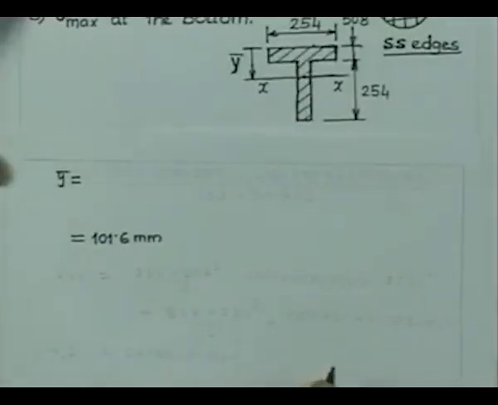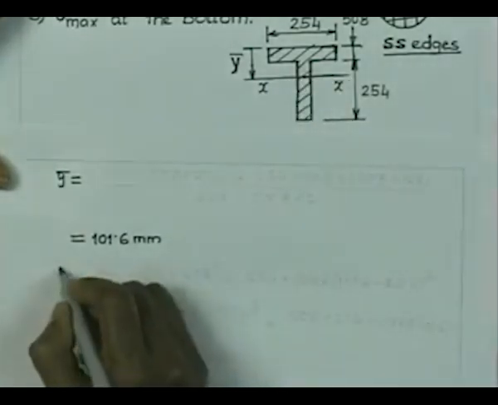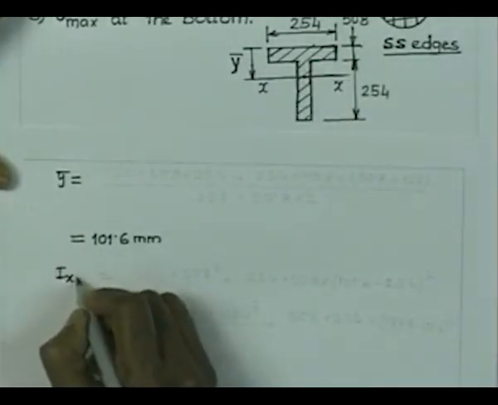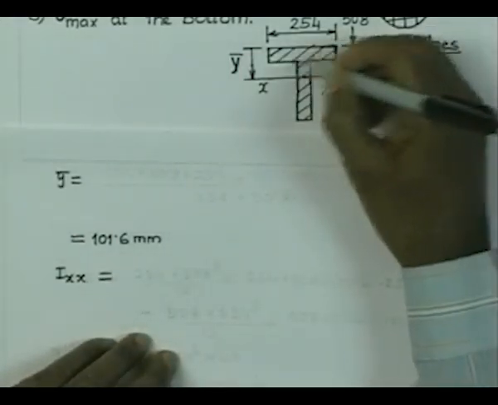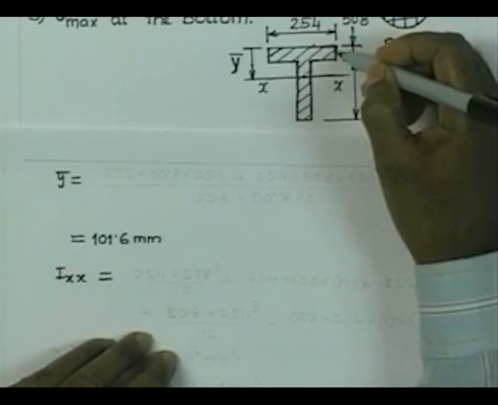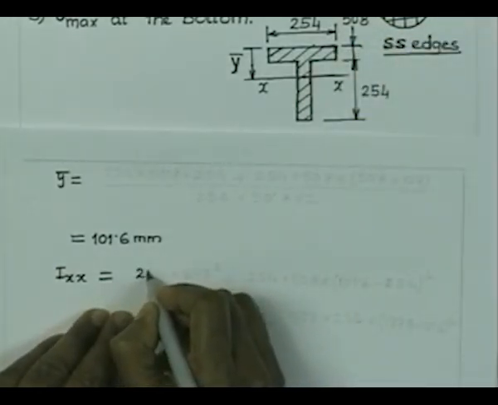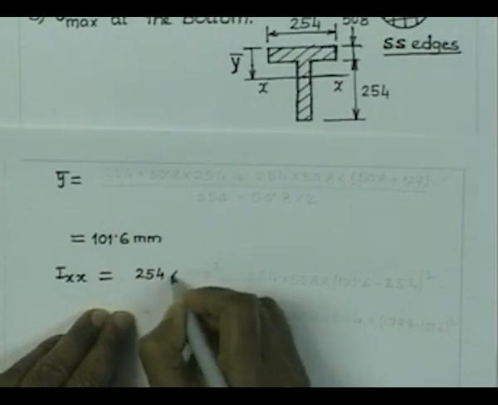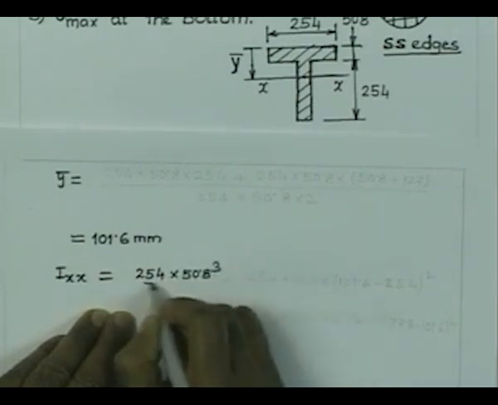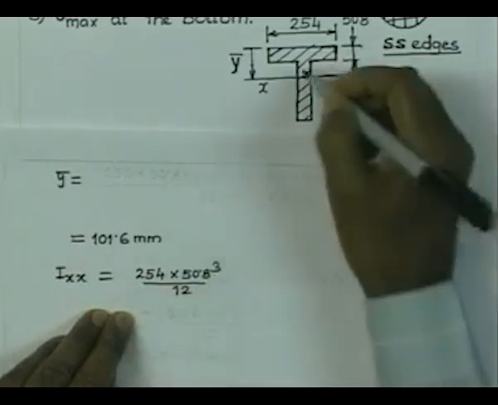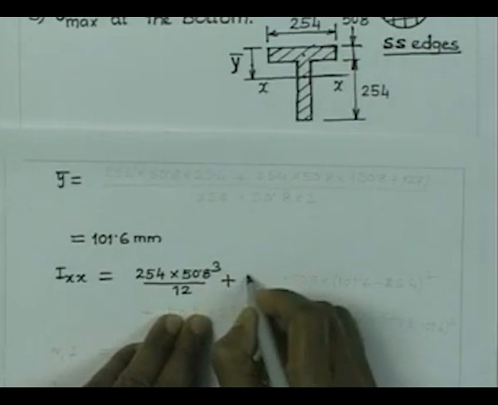Now, if we know that, I can calculate the moment of inertia of this section about Ixx. We consider this segment which has dimensions 254, height 50.8. So, we have the moment about its own CG parallel to the x axis as 254 into 50.8 cube by 12. That is the moment about the axis passing through this point parallel to x. Then we apply the parallel axis theorem.